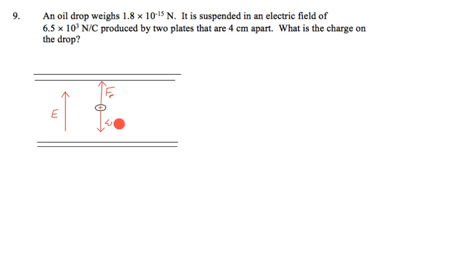So here's the picture. I know that the electrostatic force in this problem has to equal the weight, and they give me the weight in the problem. So I'm going to write that as my F. My F in the problem is 1.8 times 10 to the negative 15 newtons. Also, they say that the plates are 4 centimeters apart, which would be 0.04 meters.